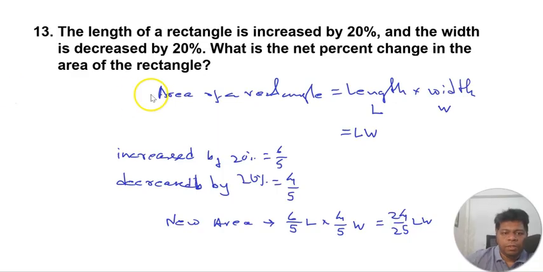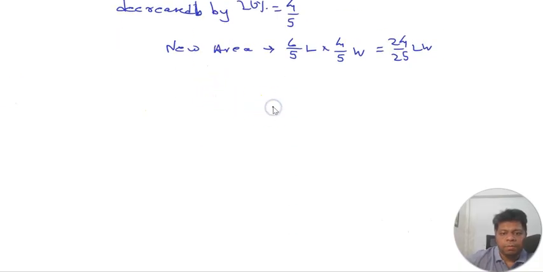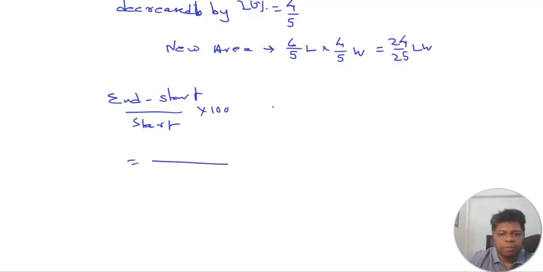Now we have to find out the percentage change. For percentage change, we have this formula: end minus start by start into 100. So what is the end value? Sorry, let me put it properly. 24 by 25 LW minus original value LW, divided by the start value LW, into 100.